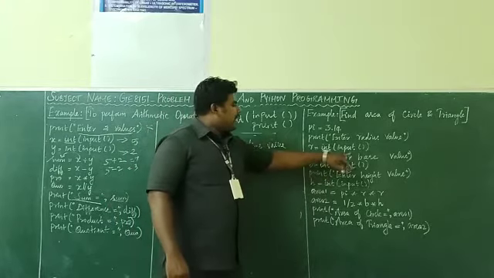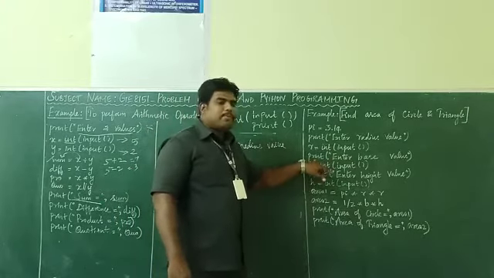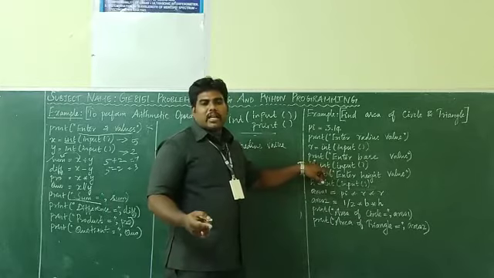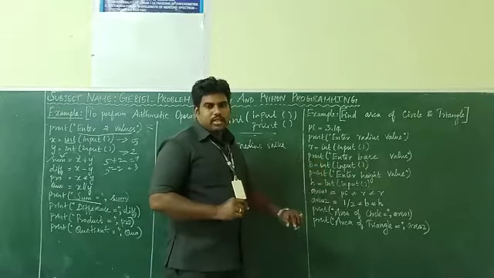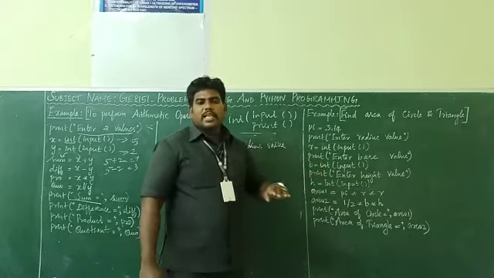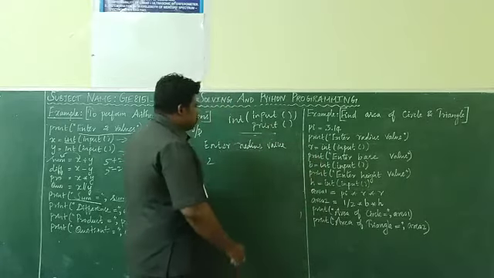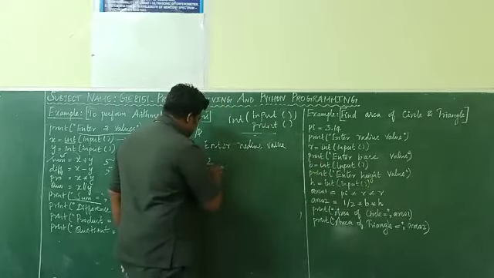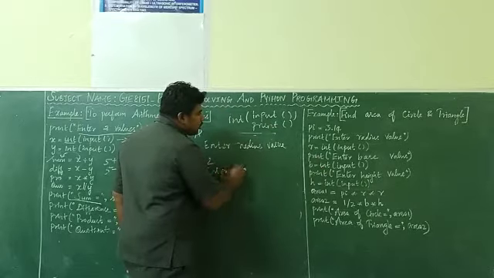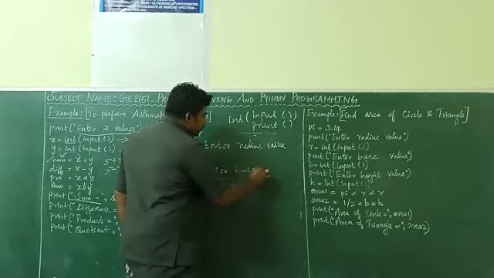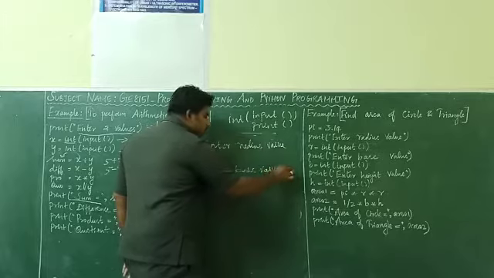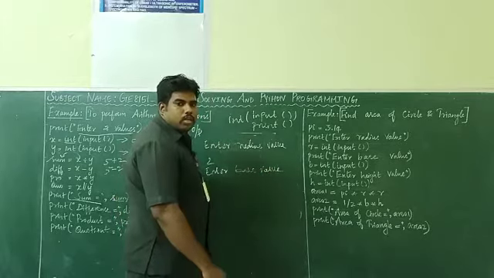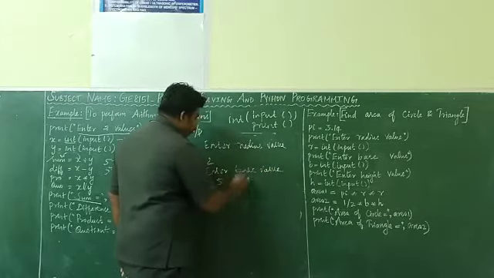Then print, enter the base value. What is that base value? For calculating the triangle, I need base as well as height. So enter the base value. For example, I am giving 5.